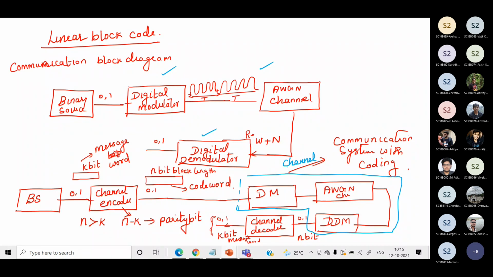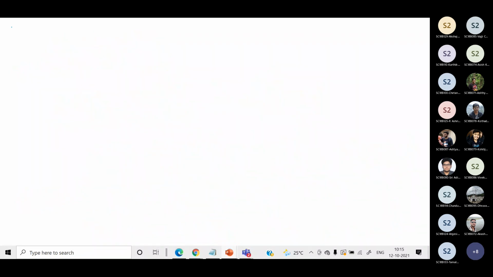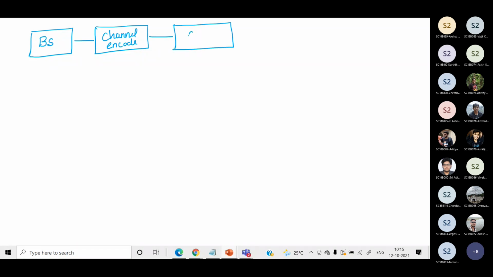So now the simplified block diagram is: binary source, followed by channel encoder, next the channel, then the channel decoder.